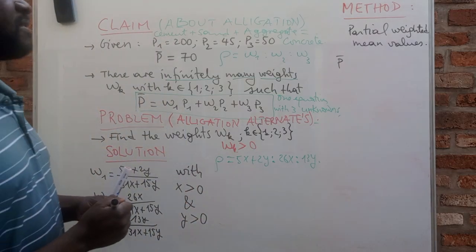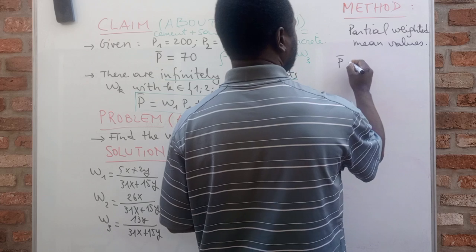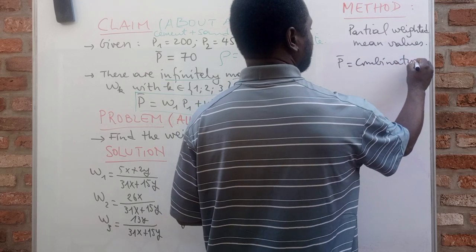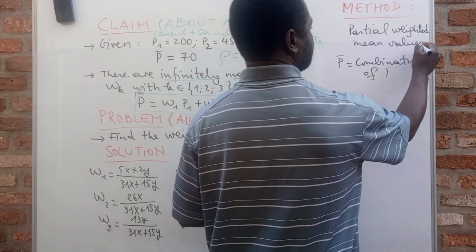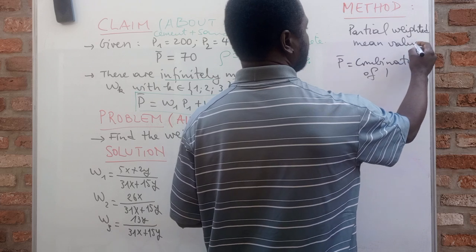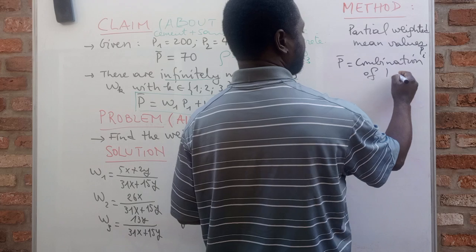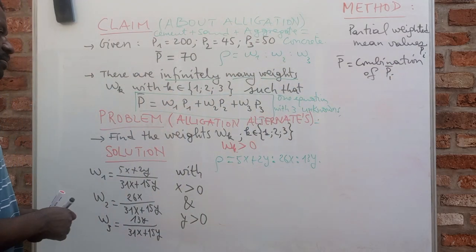the mean value is considered as a combination of these partial weighted mean values. Let us call it pi bar, for example. So how do we do it?